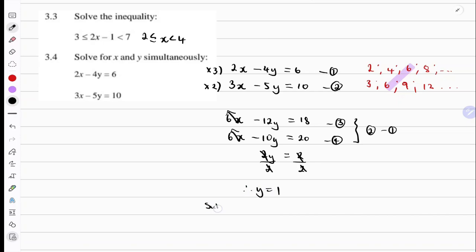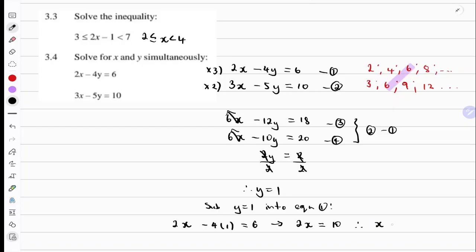So you can substitute y is equal to 1 into equation 1 for the corresponding x value. So this becomes 2x minus 4 times 1 is equal to 6. And this is the same as 2x is equal to 10.